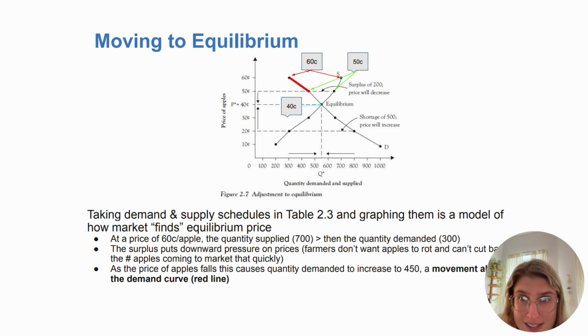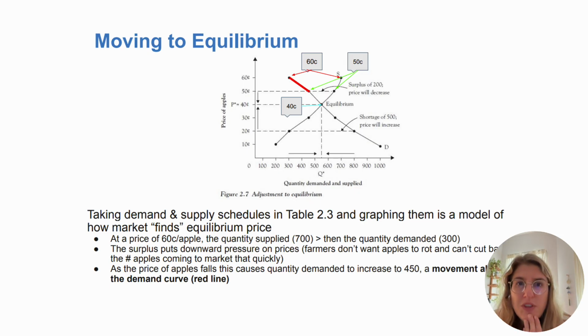But at this price, consumers only want to buy 300 apples, because we look at what's going on with consumers on the demand curve. So that creates a surplus of 400 apples, 700 minus 300. This entire part of the graph here is the surplus.